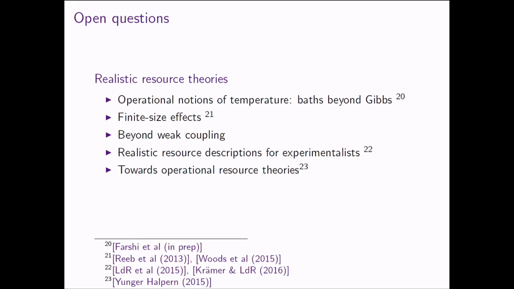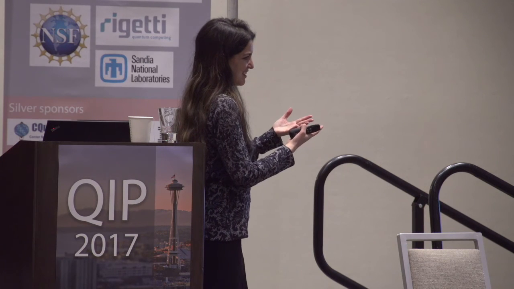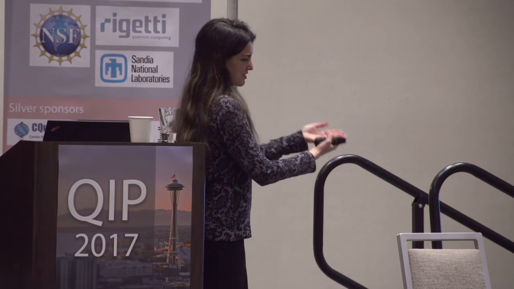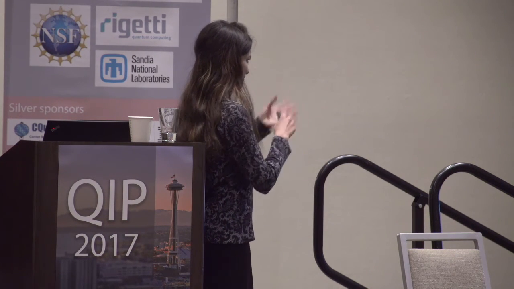Because otherwise what we have is that we see lots of experiments in quantum thermodynamics, and some of them seem a bit contrived: we're measuring work in this way, and why in this way? Because it fits your theoretical model. Yes, but it's not like work that you could later use for something else. It's not very operational or meaningful in that way. So we need to flip this the other way around.